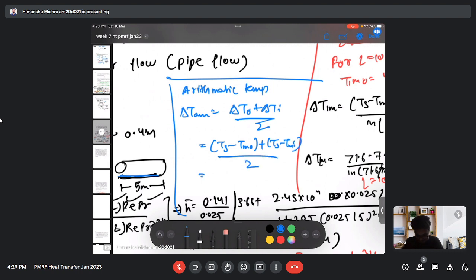So on putting the value, my arithmetic temperature difference is also 73.3.